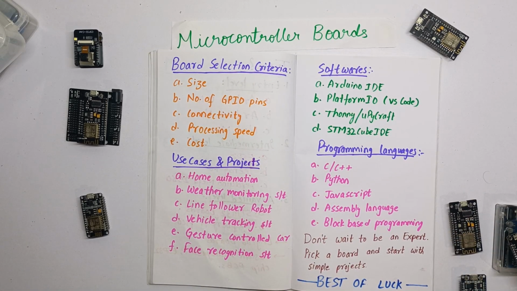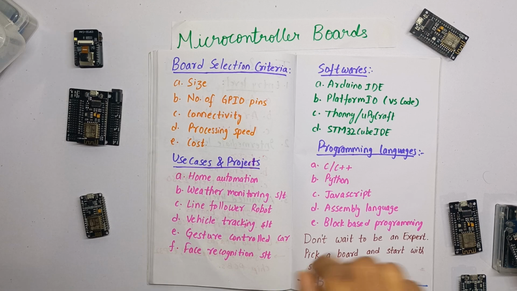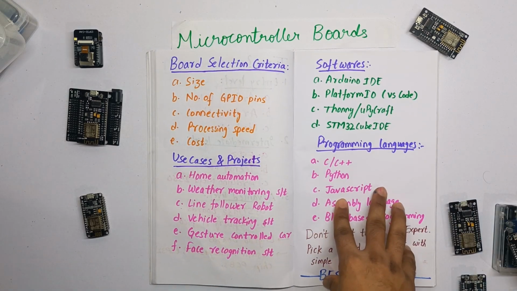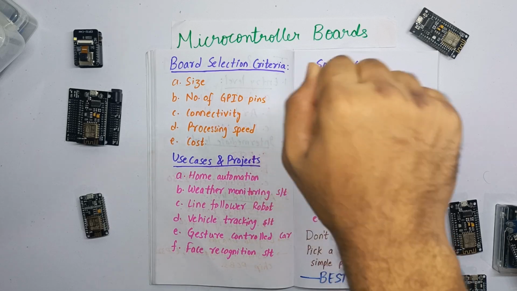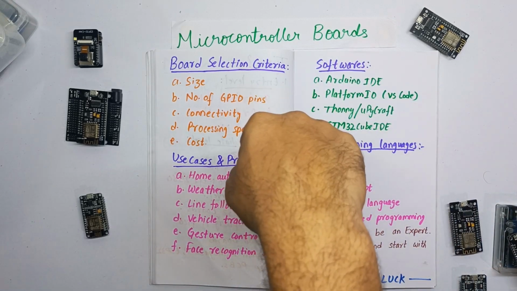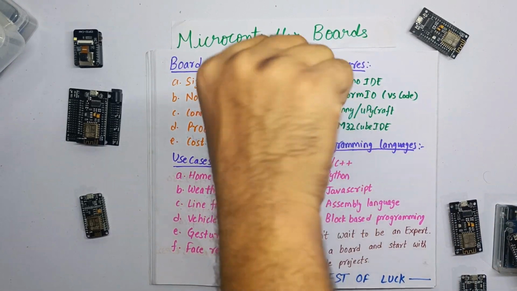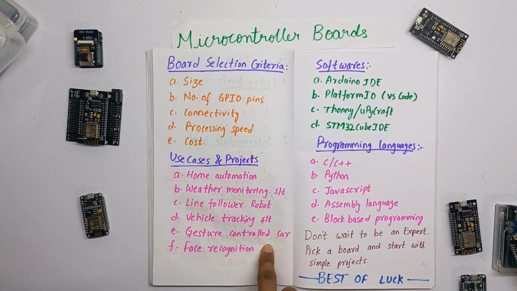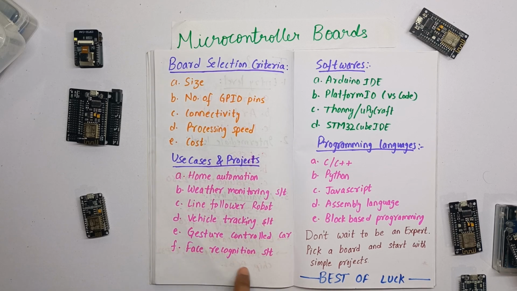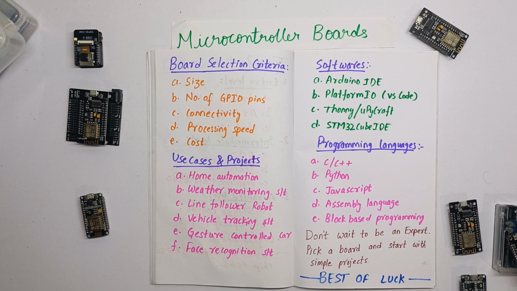Gesture controlled car, you build a car and you want to control that car using your hand gestures. That means if you tilt your hand to the front, it should move forward, and likewise backward, left and right. If you want to do something like that, that's where gesture control applications come into action. And face recognition system, you can also make smart lock systems using face recognition by using these Raspberry Pi boards.